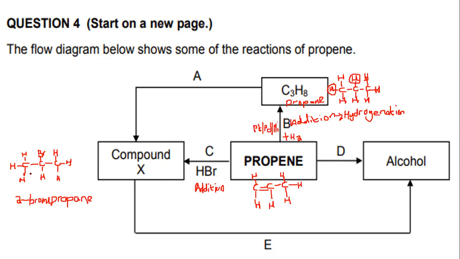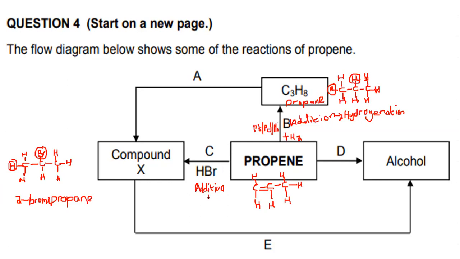So that is definitely addition. Furthermore, you see, that Br was not there. So I've added the Br. That H was not here. So I added an H. And that is why we say this type of reaction is addition.